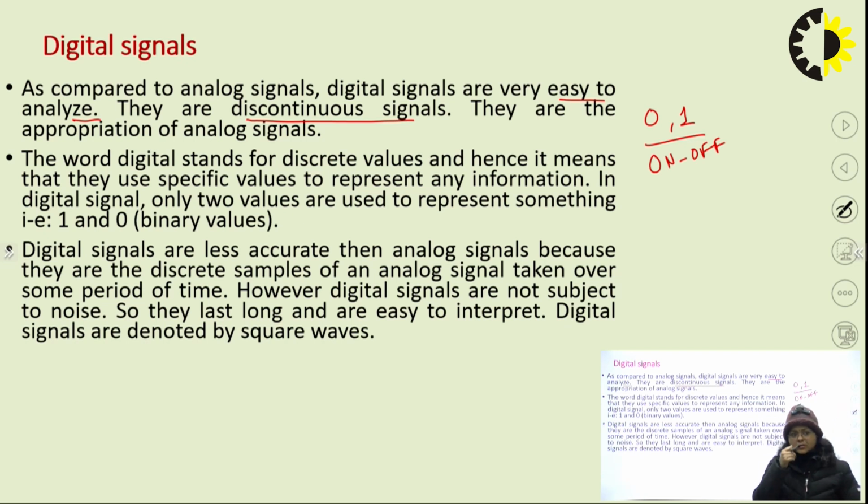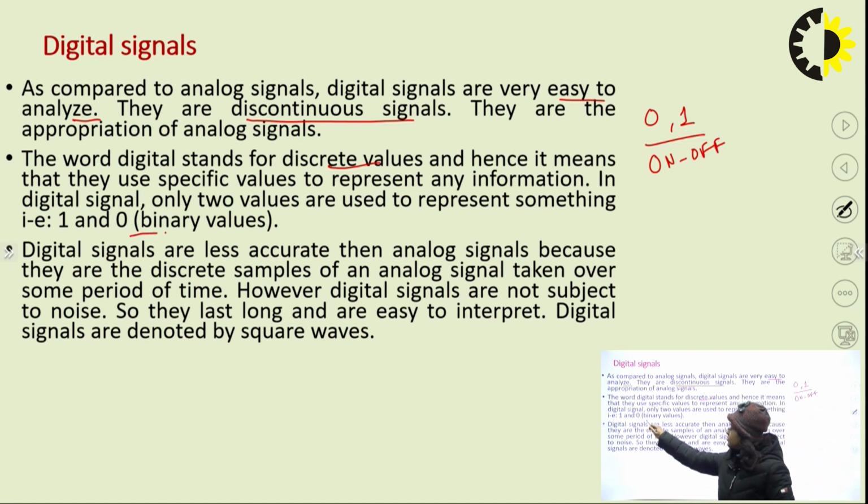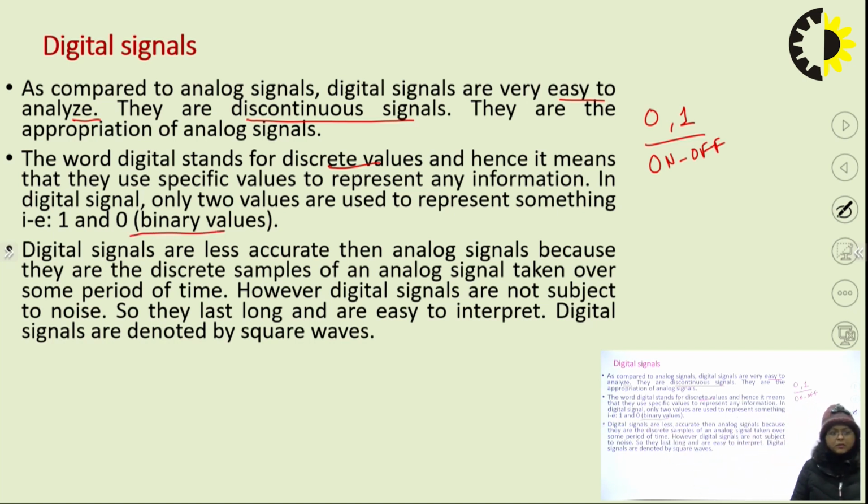The word digital stands for discrete values, that is discrete in time as well as amplitude. And generally, digital means only two values, that is 1 and 0. If we talk about accuracy, these are obviously less accurate as compared to analog, but it's quite easy to analyze these signals because it requires only two voltage levels. We can also say that digital signals are on-off signals.